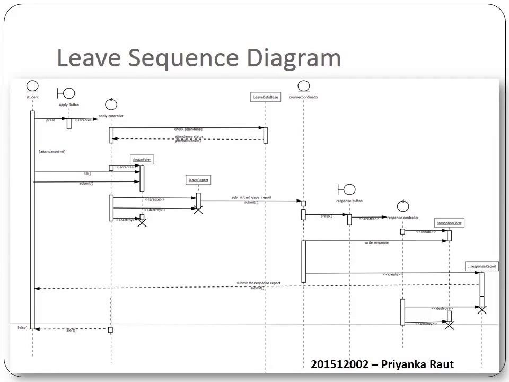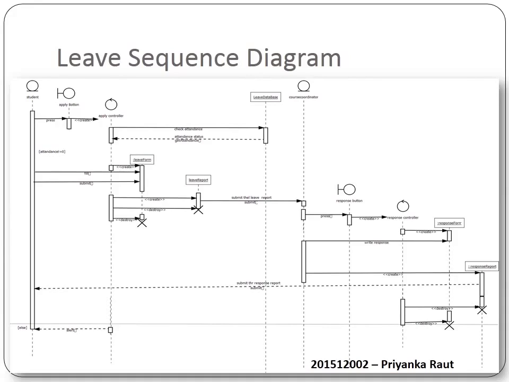This is the sequence diagram for leave processing. This sequence diagram will start with the student. The student will apply for the leave by pressing the apply button. The apply button will generate the apply controller, and that controller will check the attendance from the leave database for that student. The database will fetch the record of that student and give the attendance detail to the apply controller.